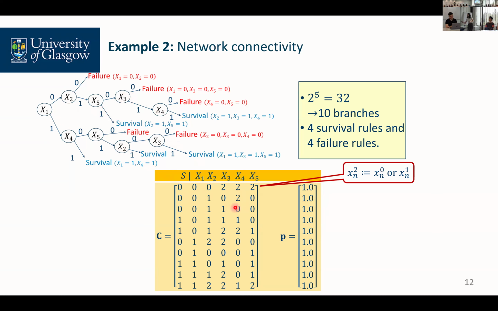And in this second branch, there is no x4 specified. So we leave this state of x4 as 2, and we can continue this to construct this event matrix with 10 rows.